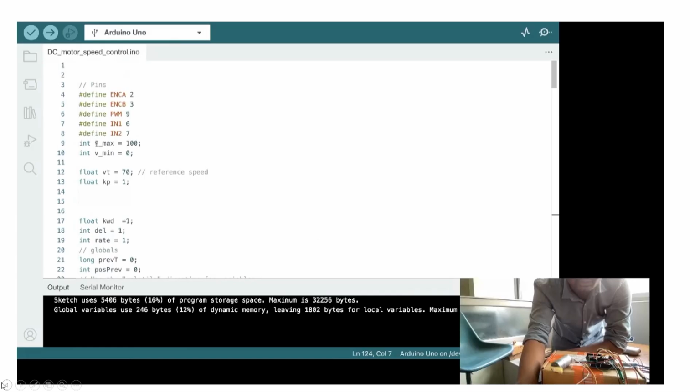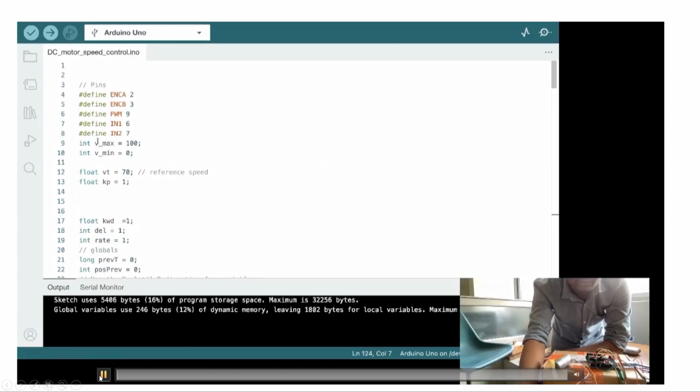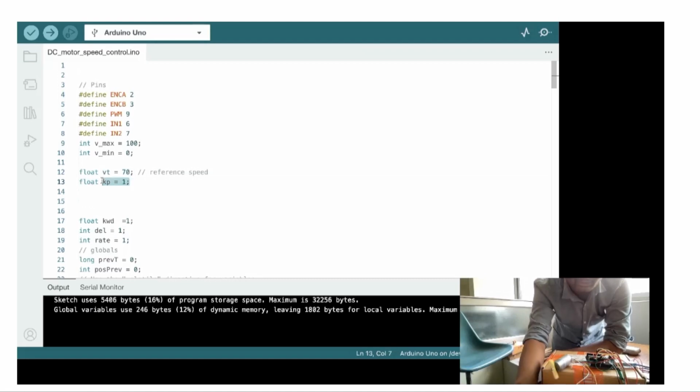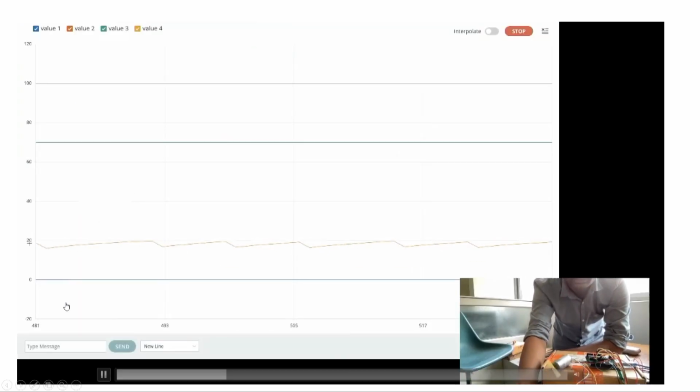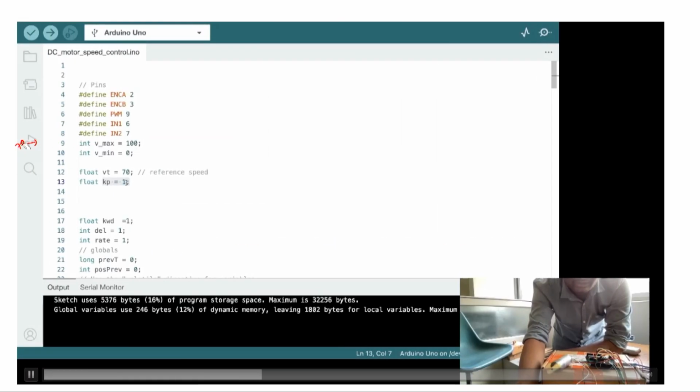So the motor is running now. You see 70 is the reference, Kp is 1. We are now uploading the code into the Arduino and we look into the serial plotter. So this is the serial plotter and this is the reference signal 70 and this is the actual signal that you are seeing, okay.